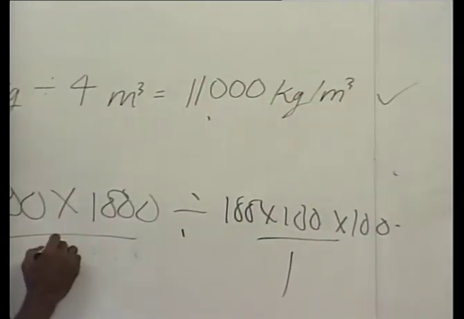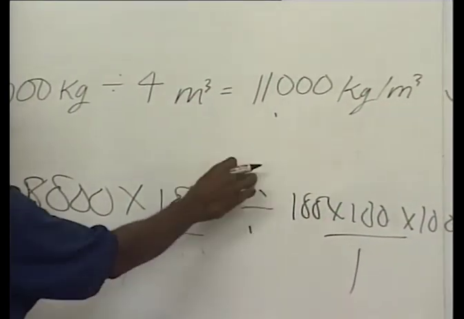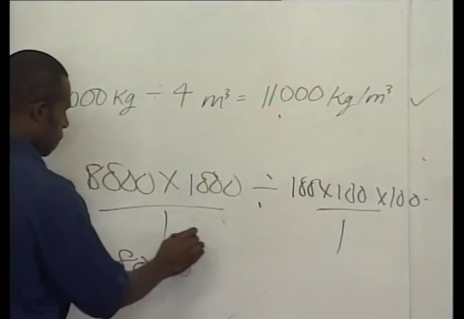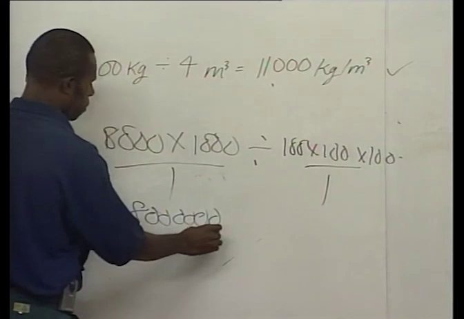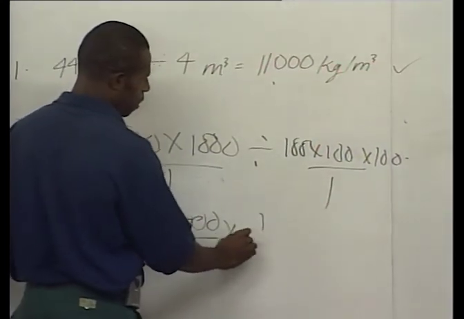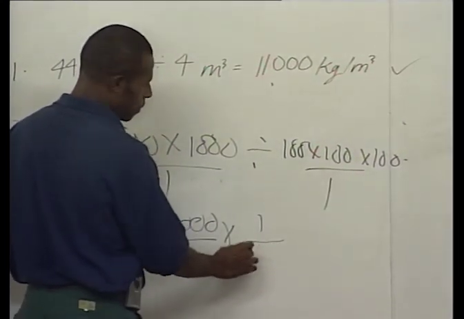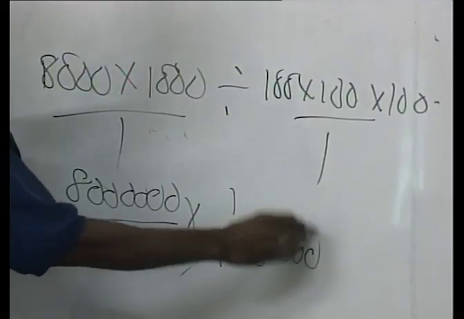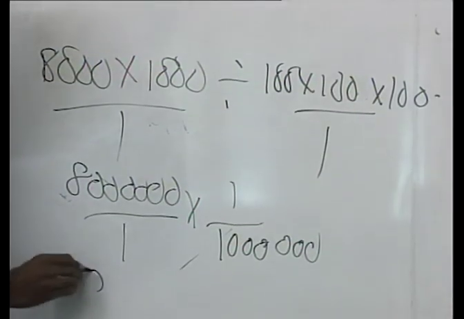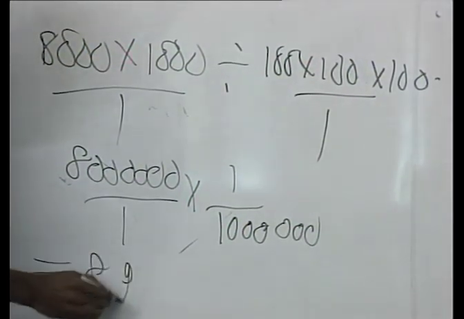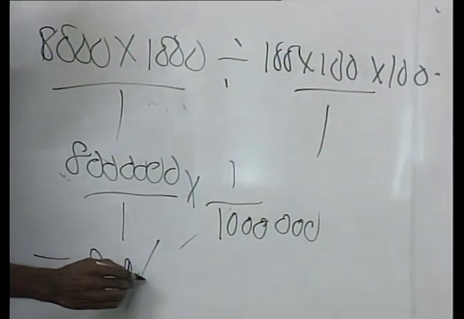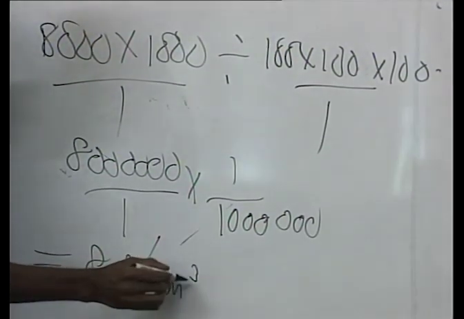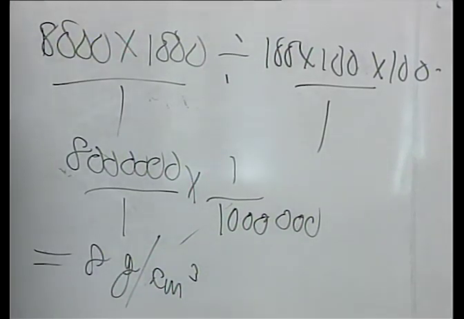When you take the inverse of this, it will be 8 million over 1 times 1 over 1 million. That gives you the answer of 8 grams per cubic centimeter. Okay, so that is how you can arrive at that.